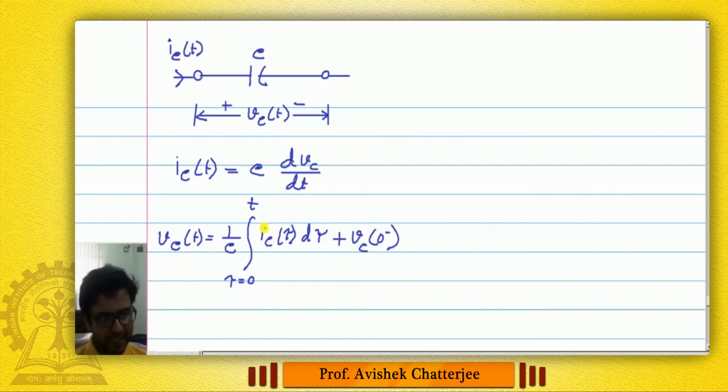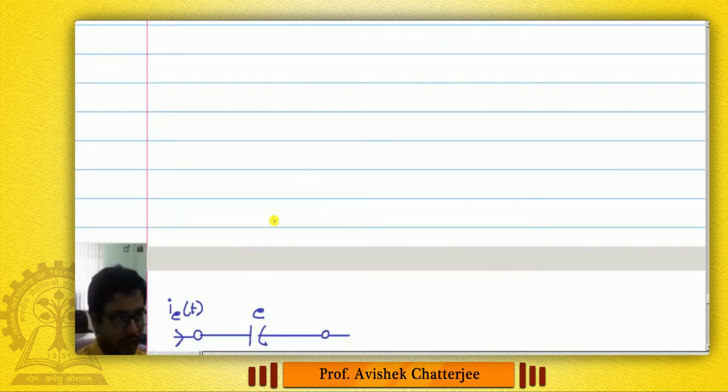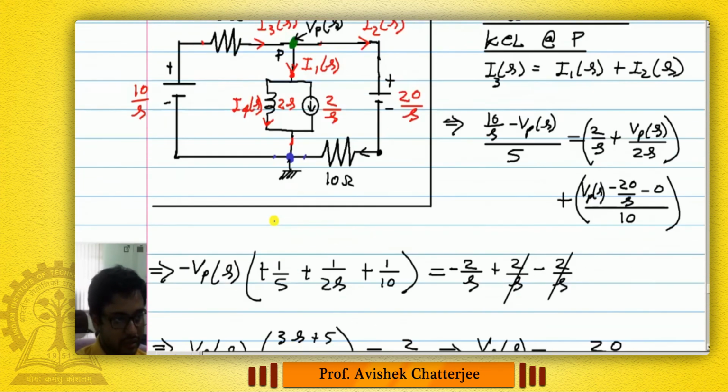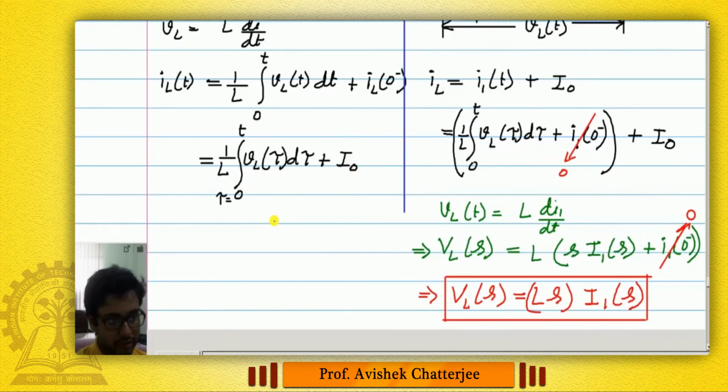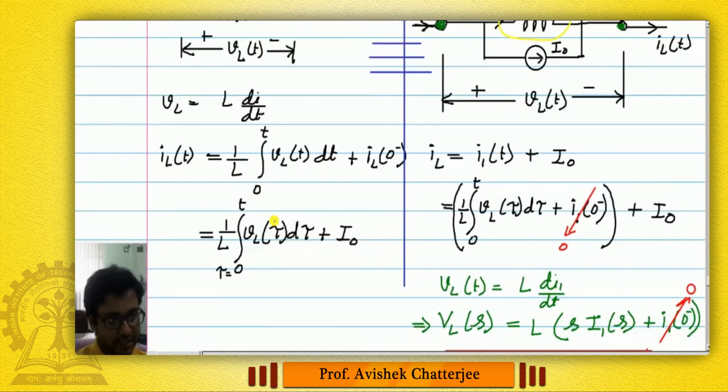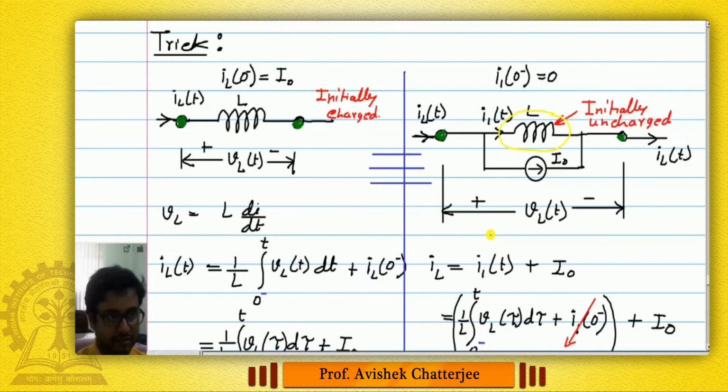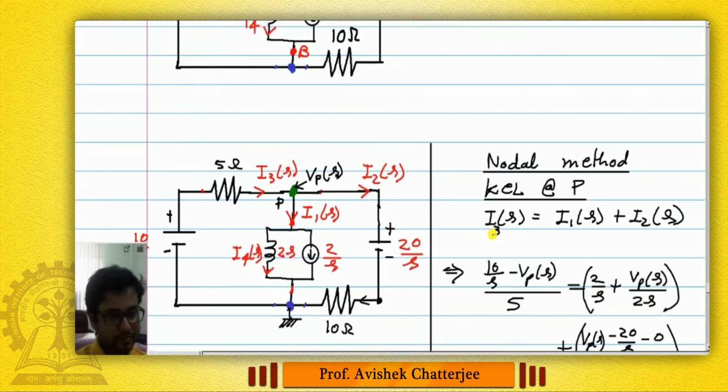To be more precise, actually this integration is from 0 minus to t. Okay, I guess for the inductor also it is better to write 0 minus. That means including time 0. Here also 0 minus.